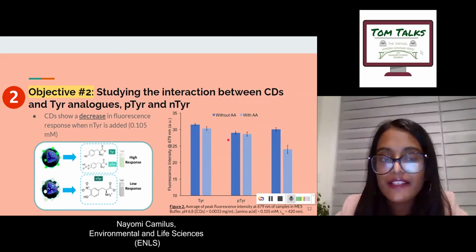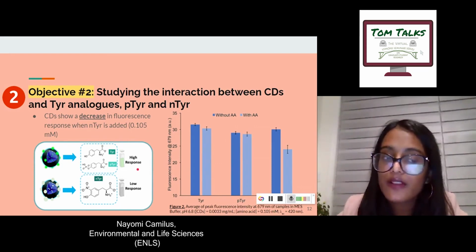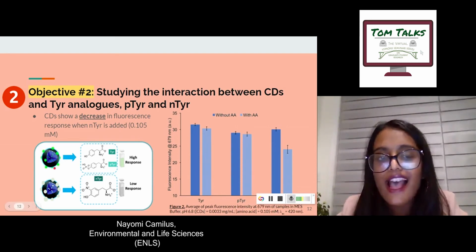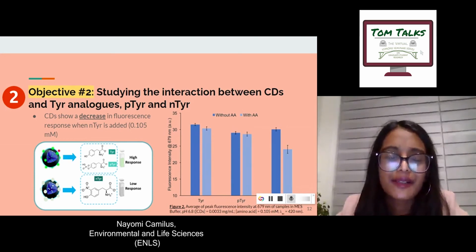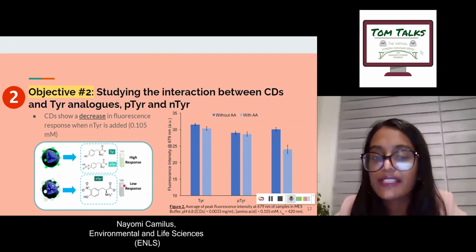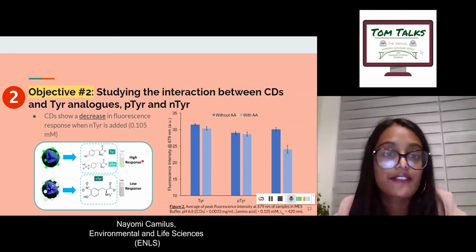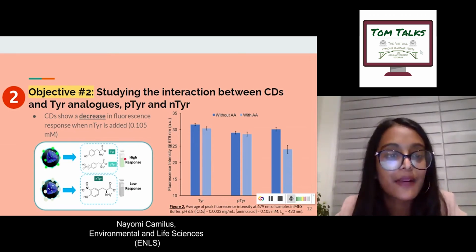As a conclusion, we can take in that only nitrotyrosine is responsive to these carbon dots, which means that these carbon dots actually change. You can say that they lose their fluorescence capability, and they have a low response. So they're not green anymore. They lose that green solution to show a low response. So you can tell that the carbon dots are actually detecting nitrotyrosine, and it's very helpful.